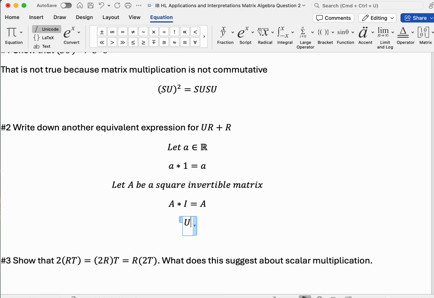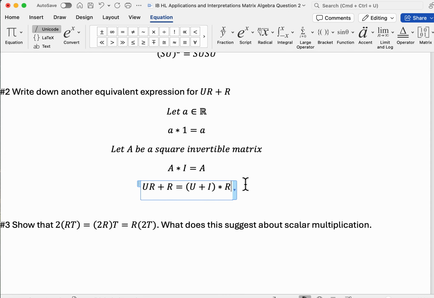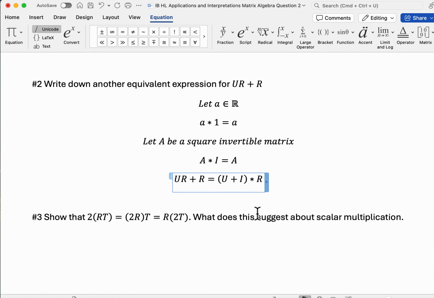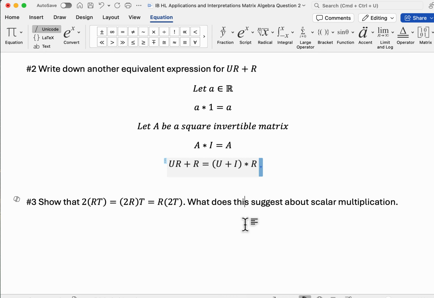And so what we can end up doing with UR + R is we can factor out an R from the right-hand side, which will leave us with (U + I)R, where I is the identity matrix of the size of interest. And that's basically that problem done.